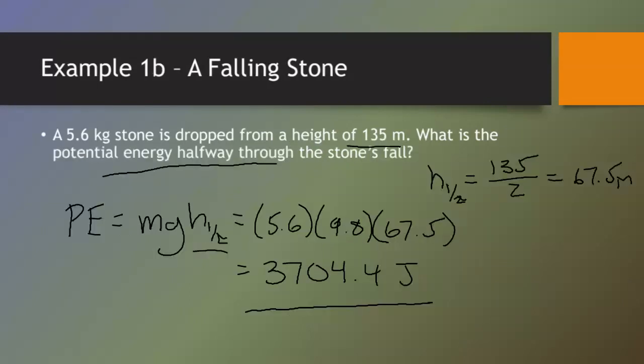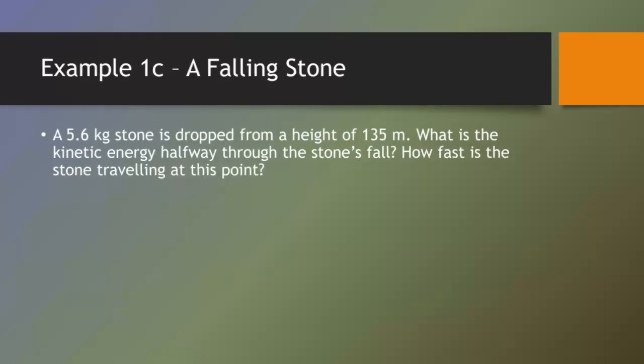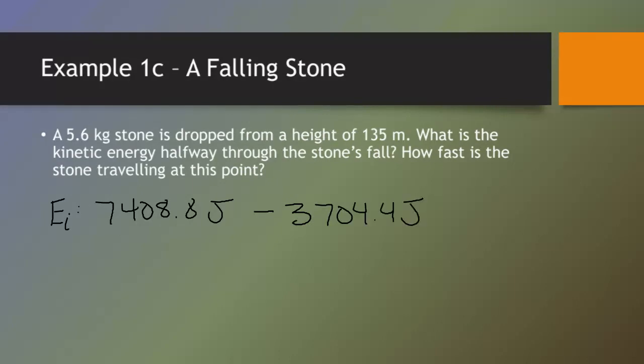So if halfway through the fall the potential energy is 3704.4, then the kinetic energy halfway through the fall has to be the total, or the initial energy, which was 7408.8 joules, minus the potential energy halfway down, 3704.4 joules, which, if you subtract the two, will give you 3704.4 joules.